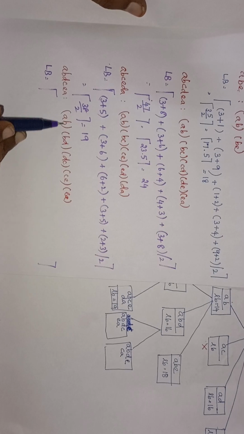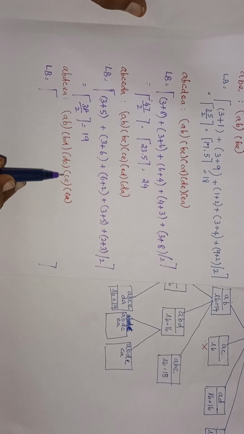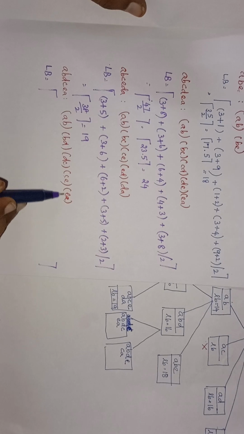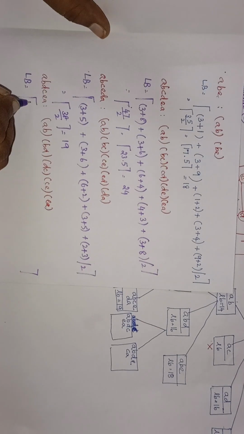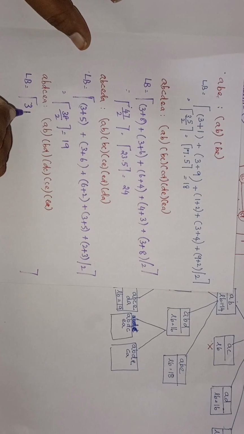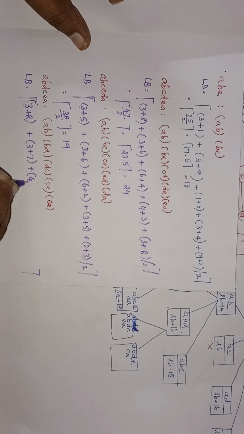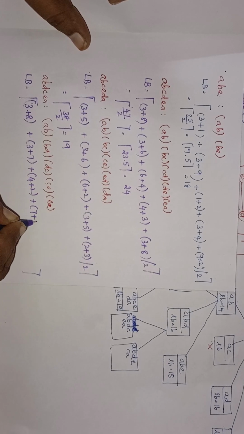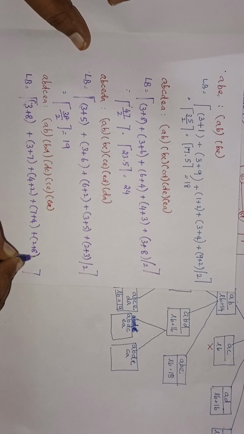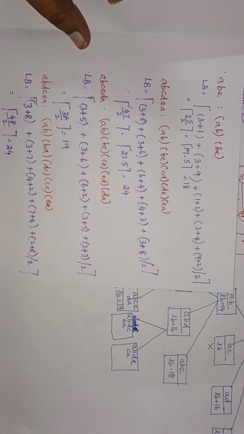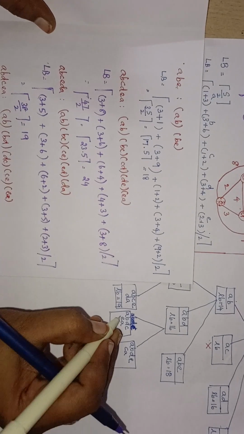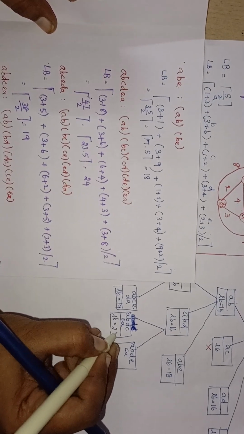For B, definitely AB and BD. For C, these two. For D, these two. For E, these two. So when I update, from the graph, it is 3 plus 8 plus 3 plus 7 plus 4 plus 2 plus 7 plus 4 plus 2 plus 8 by 2. And the answer will be 48 by 2, which is 24. Let me update here. So LB is 24.